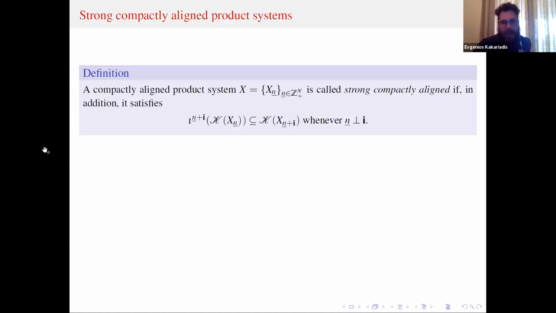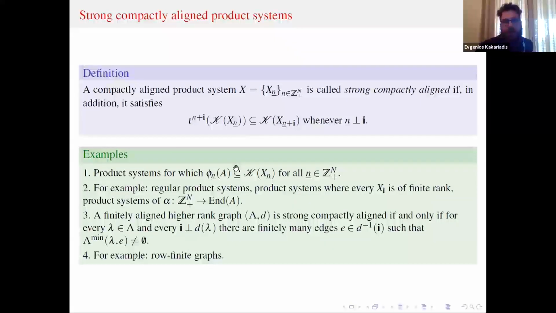Examples come from product systems where the actions are by compacts, or when every X_i is of finite rank, or for product systems coming from dynamical systems, or from row-finite graphs.